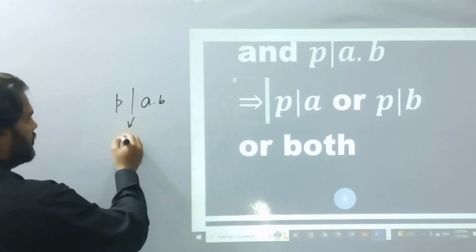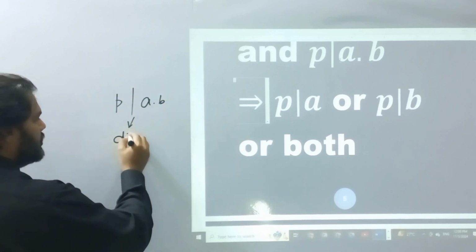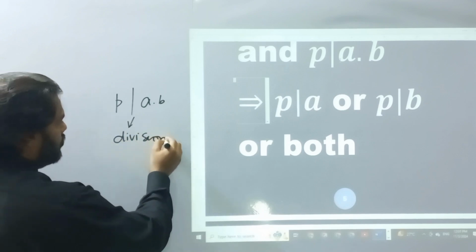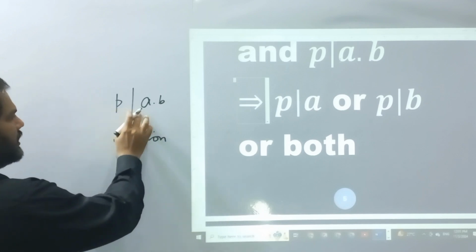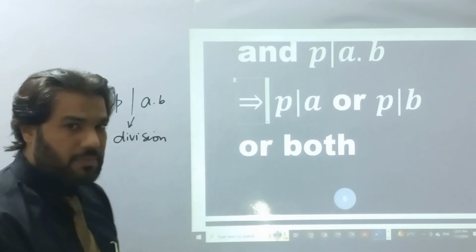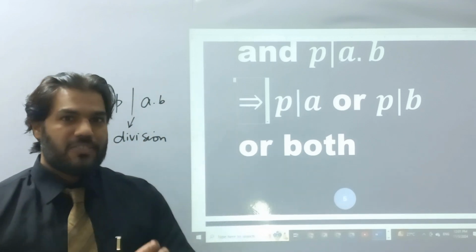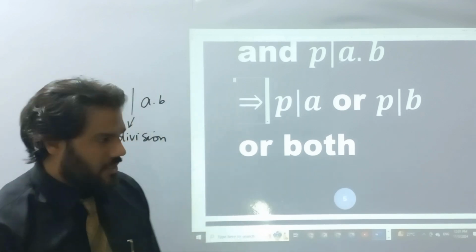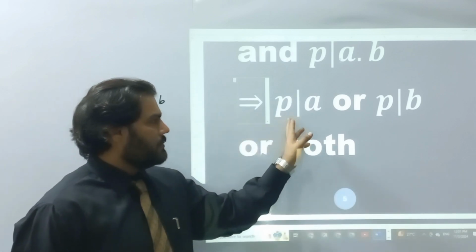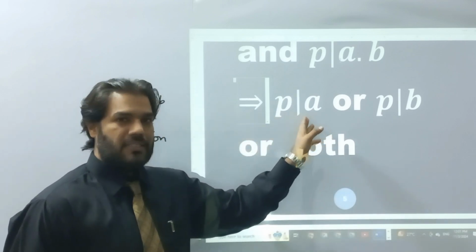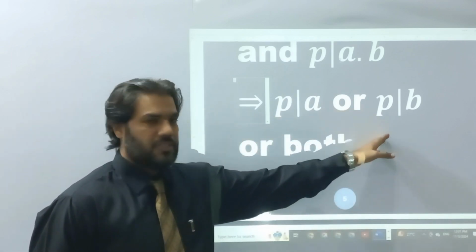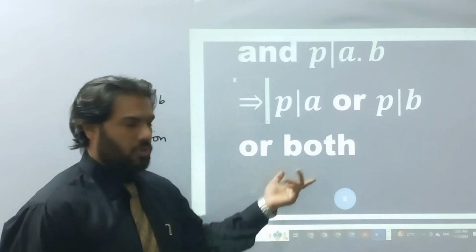This vertical line represents divide, and is read as P divides AB. So A and B are two positive integers and P is your prime number. If P divides the product of A and B, then P divides either A or P divides B or both.